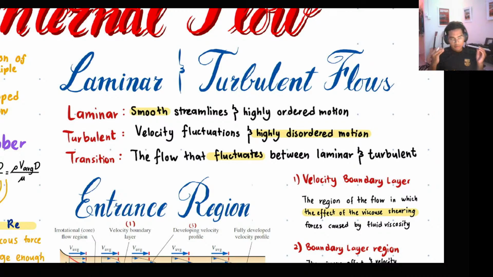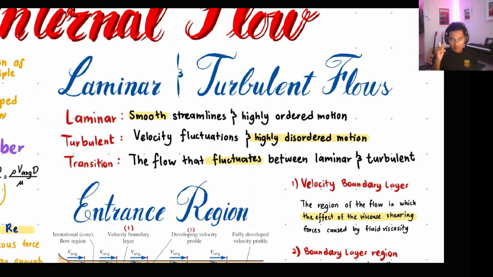Okay, so when we mention turbulent, we need to mention velocity fluctuations. Why we need to mention velocity fluctuations is because when the flow is turbulent, there are some parts of the region that move slower than other parts of the region, and it is inconsistent.